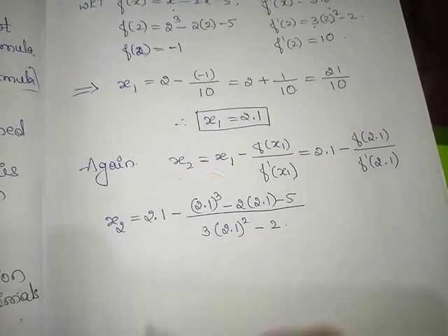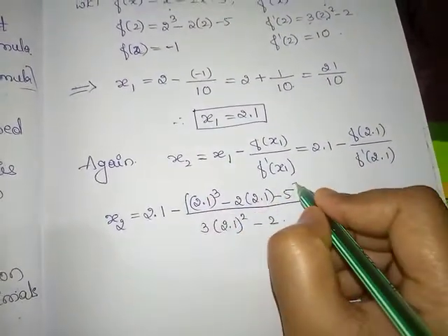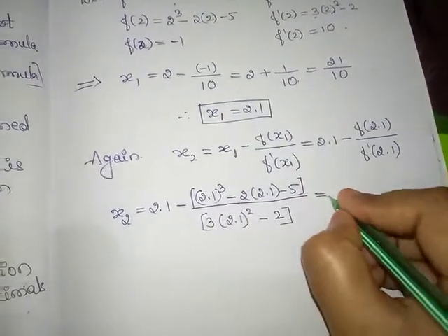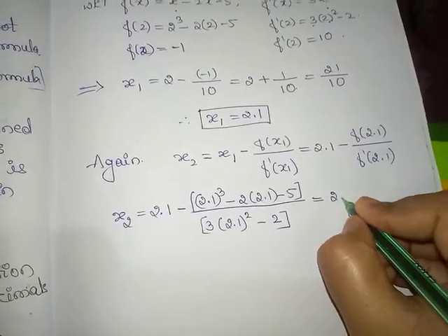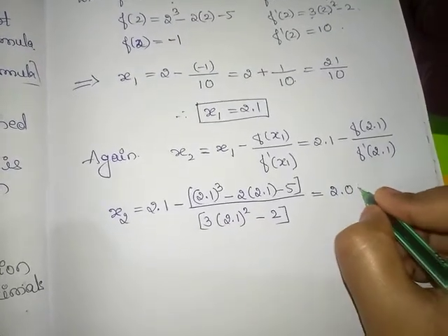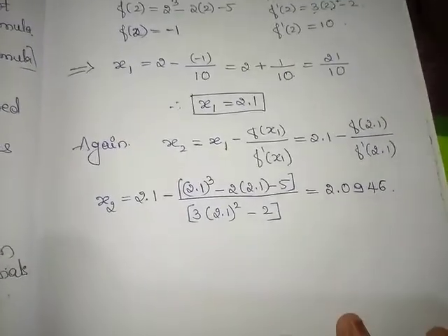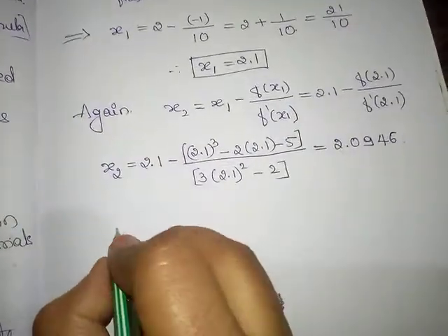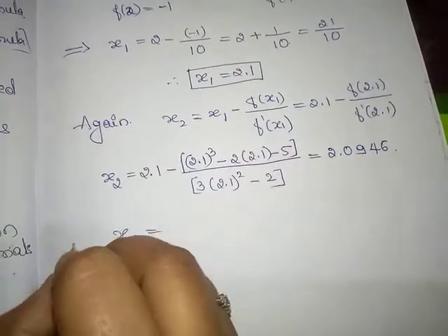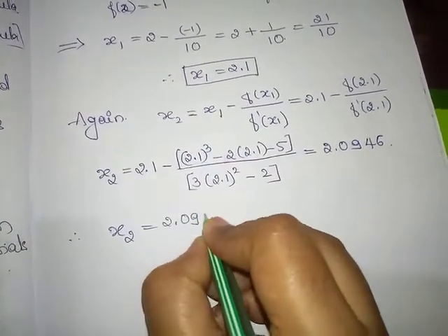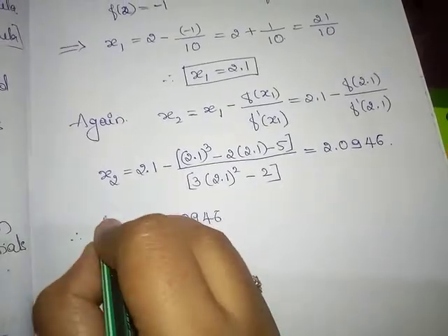After the calculation, you will get x2 as 2.0946. I will write here x2 is equal to 2.0946.